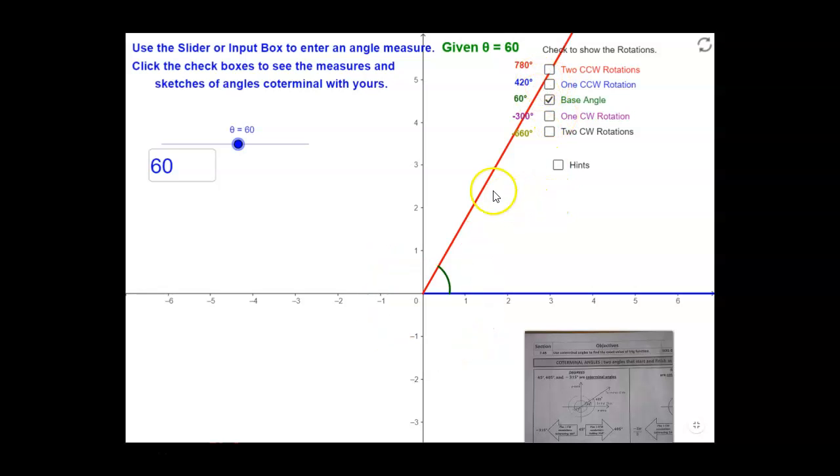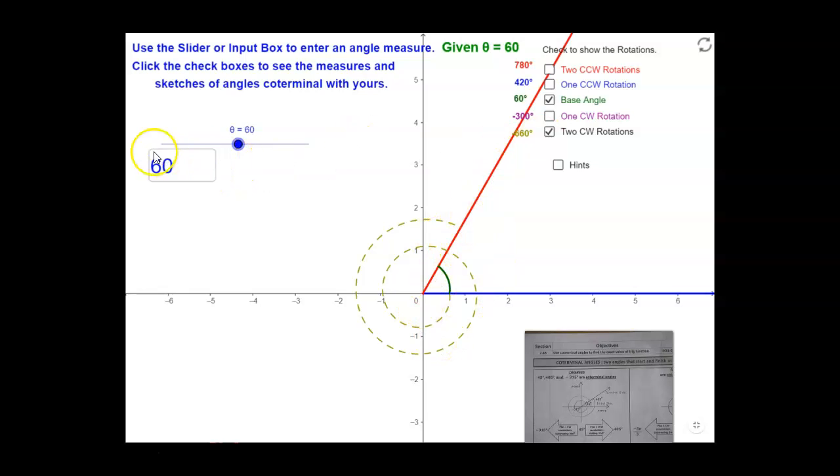Now, you can also subtract, which means you go clockwise. So a 60-degree angle is coterminal with a negative 300-degree angle, or a negative 660-degree angle.